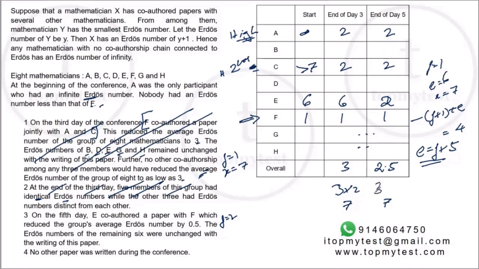E also gets 2. You have an F, which is 1, and X, which is 7. So I have accounted for all the 8 people. I know one of them is X. I don't know who is X. One out of B, D, G, H is X. I don't know who it is. But for the other 3 people, I know it is 2, 2 throughout.